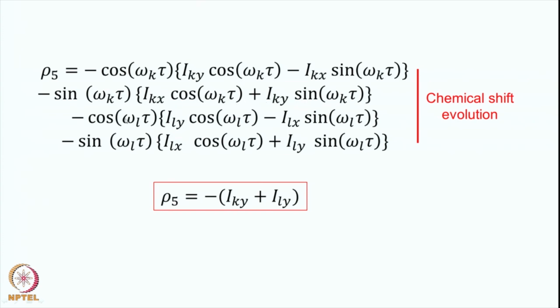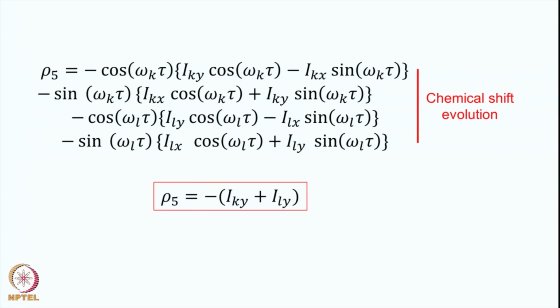Similarly, for the L spin you have the same 2 types of terms: minus cosine omega L tau multiplying ILY cosine omega L tau minus ILX sin omega L tau for the first term, and the second one is minus sin omega L tau ILX cosine omega L tau plus ILY sin omega L tau.